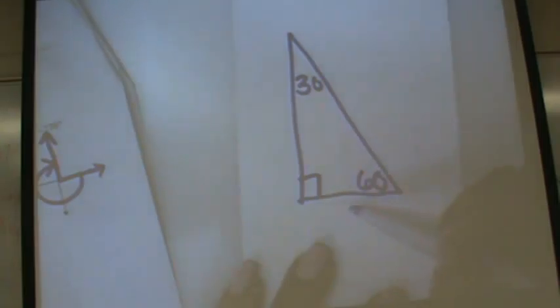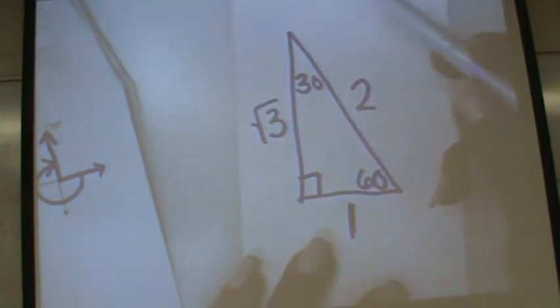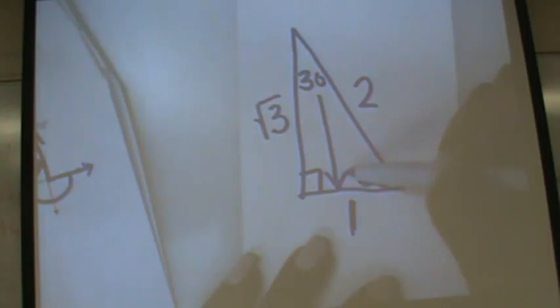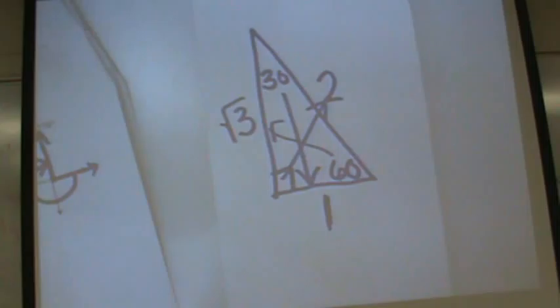If it was drawn to scale, this should be your 1, this would be your 2, and this would be your root 3. So I'll fix it, but just so you understand, the side opposite the 30 is the 1. Your hypotenuse is double, and the side opposite the 60 is root 3. So that's what it'll look like, okay?